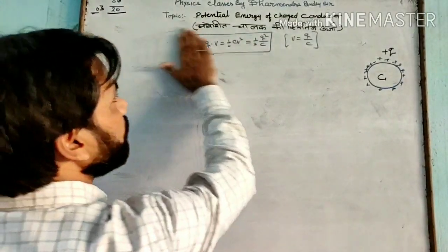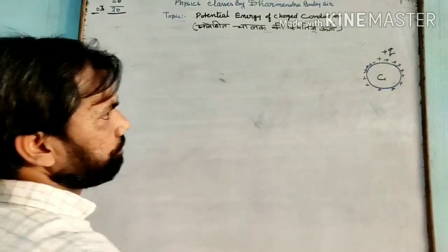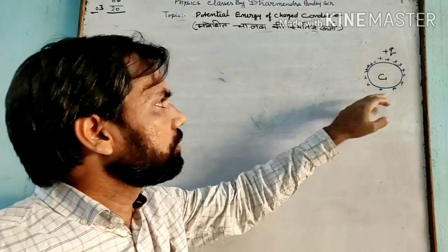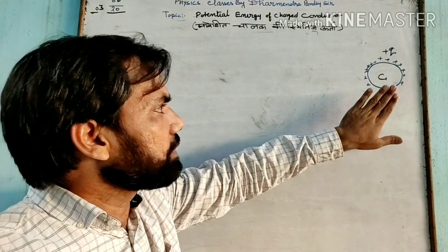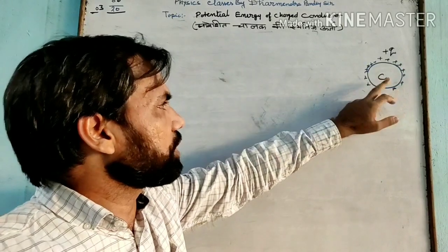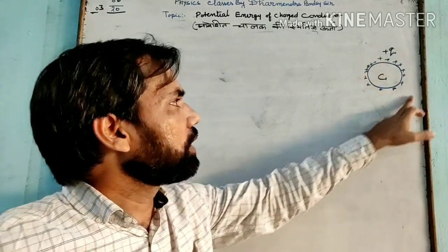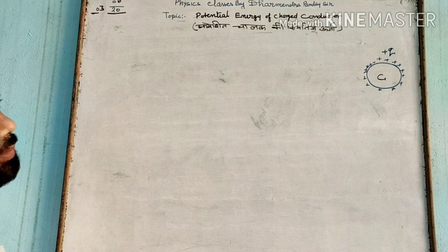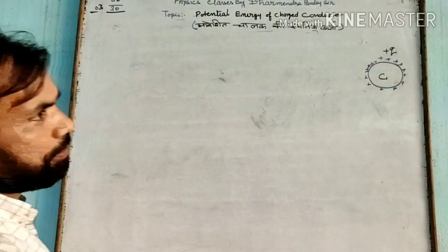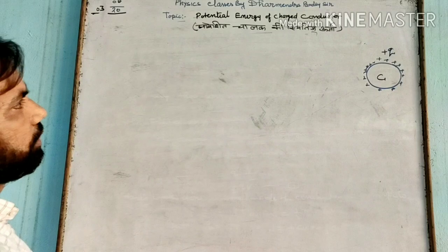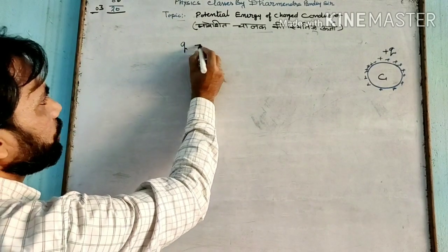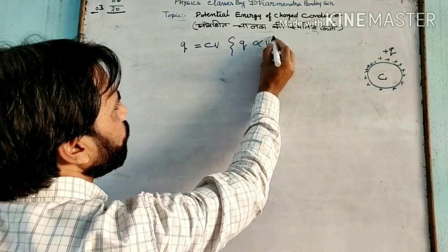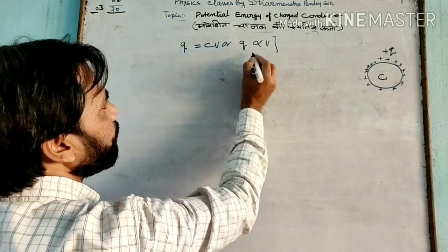As you know, whenever a charge Q is given to any conductor, work has to be done in charging it, and let C be the electrical capacitance of that conductor, then we have a relation Q is equal to CV, or you can say Q is proportional to V.